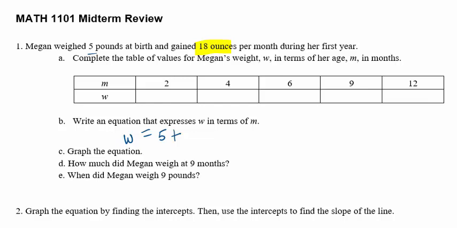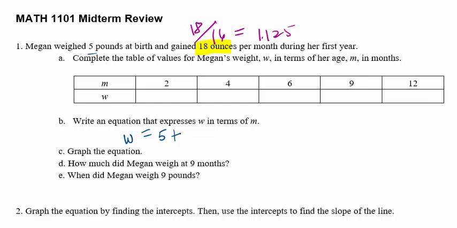So we want to actually have it in pounds per month instead, since the initial weight was given in pounds. And so we can convert to pounds by just dividing by 16, because there's 16 ounces in 1 pound. So 18 over 16 is 1.125.